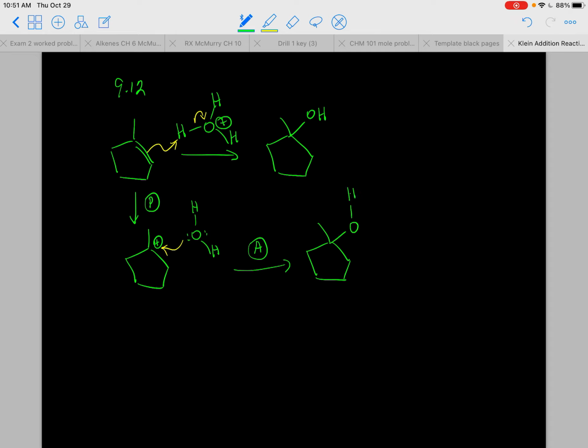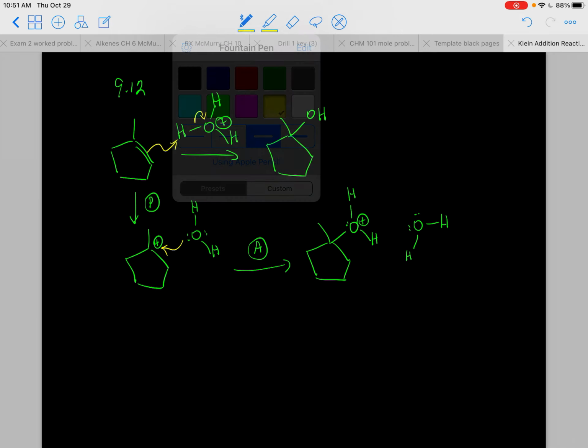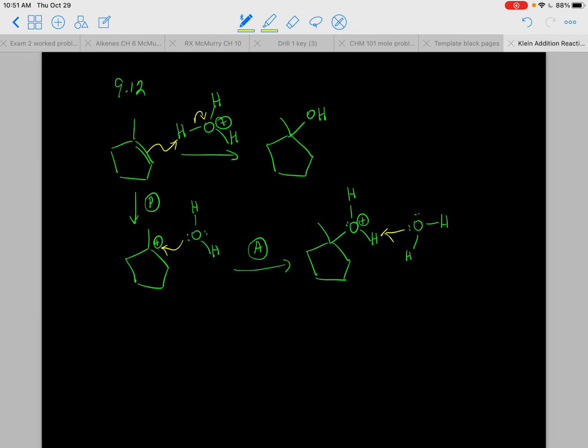Be sure that you draw the plus on the oxygen. And then what we have is water that's deprotonating. D for deprotonation, okay?